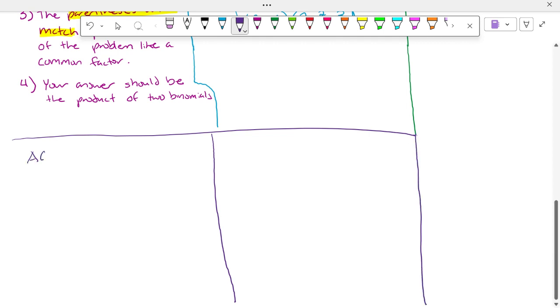So I'm doing AC method. I'm just going to make notes for both a equal to 1 and a is greater than 1. I'm also going to make a note that this is also for 3 terms.